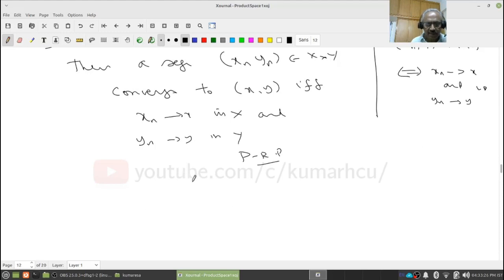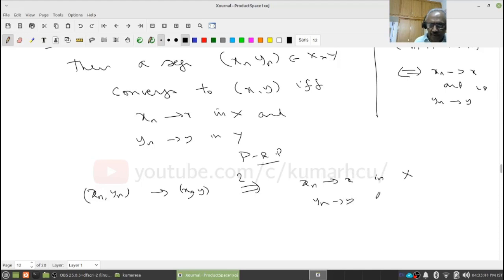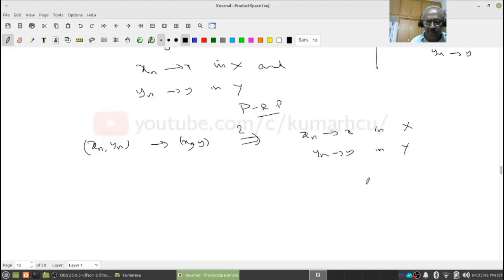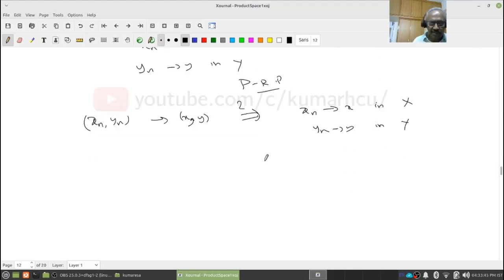Okay. So suppose (xn, yn) converges to (x, y). Okay, I want to show that xn converges to x in X, and similarly yn converges to y in Y. Okay, this is very easy, because let us recall the definition again. When do I say xn converges to x in a space?